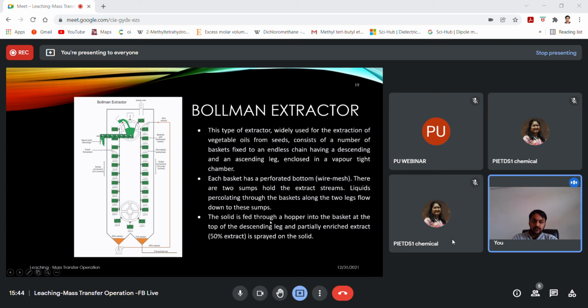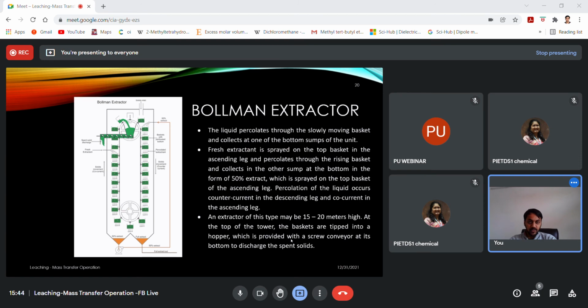The solid is fed through the hopper into the basket at the top of the descending leg and partially enriched extract is sprayed on the solid, right. I have just explained that. So that way the solid is collected. The liquid is percolated through the slowly moving basket and collected at the bottom sump of the unit. The fresh extractant is sprayed on the top basket in the ascending leg and percolates through the rising basket and collects in another sump at the bottom.